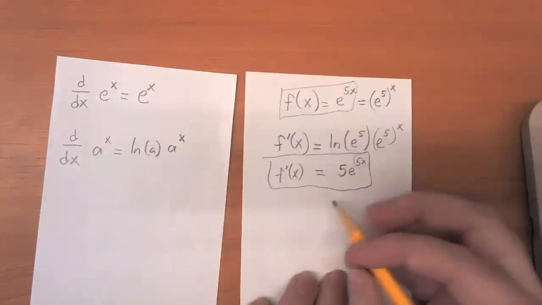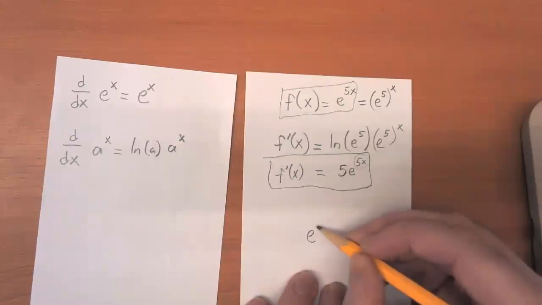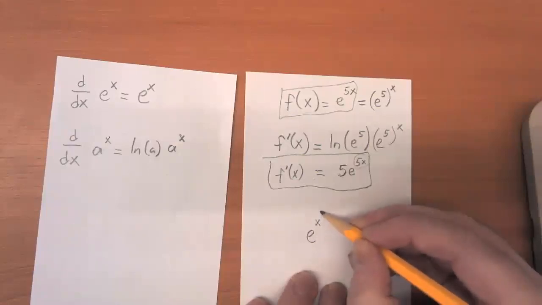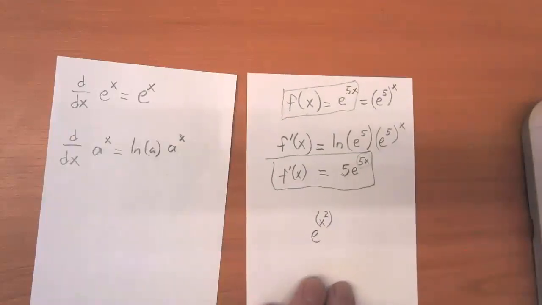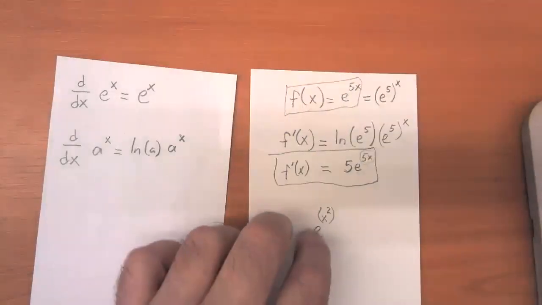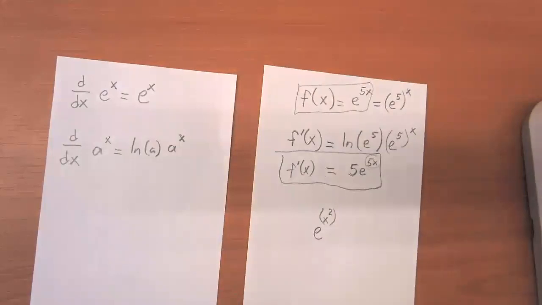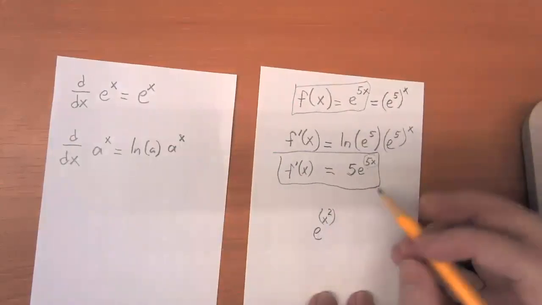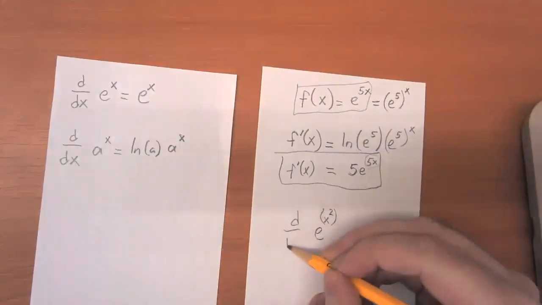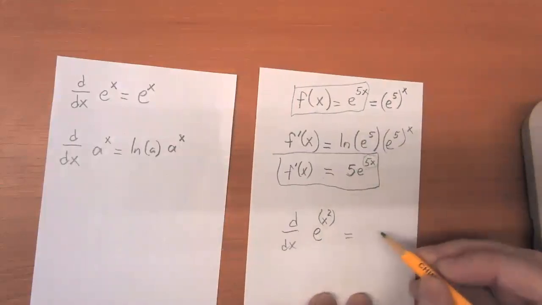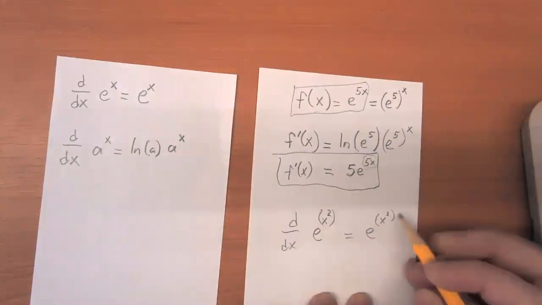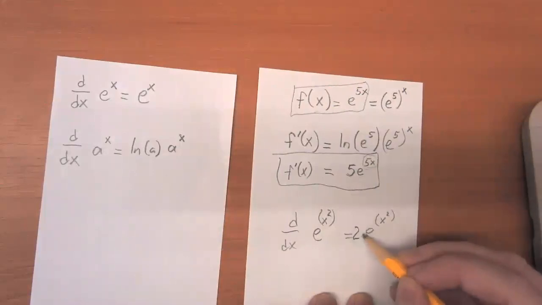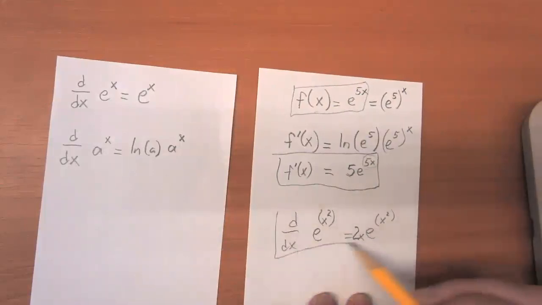So for instance, if we had something like e to the x squared power, and it's not a power to a power, it's e to the x squared, the exponent of this is x squared. The derivative of that turns out to be e to the x squared times the derivative of x squared, which is 2x e to the x squared.